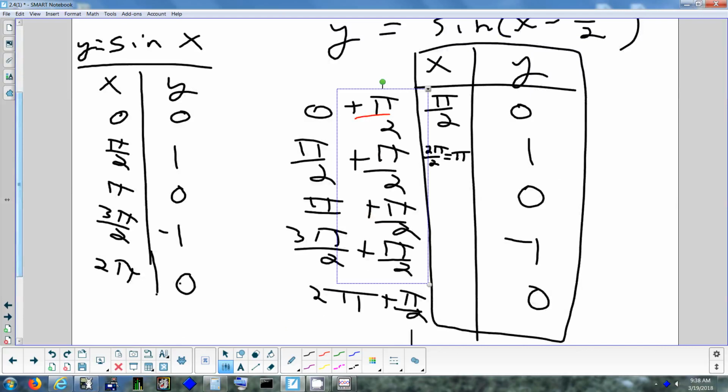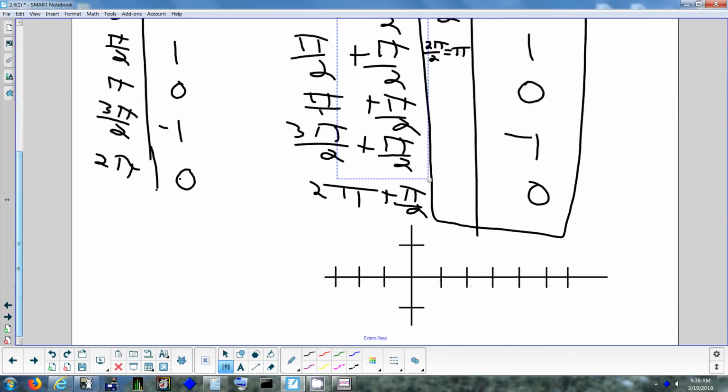Okay, the next one. It's pi plus pi over 2. Okay, Lauren, pi isn't a fraction, so how could I make it a fraction? Just put it over 1. You can put it over 1. Unfortunately, we don't have common denominators. We have pi over 1 plus pi over 2. So off to the side, because I don't have enough room to really do this nicely in the table, I'm going to add those in. Ryan, what would my common denominator be? 2.